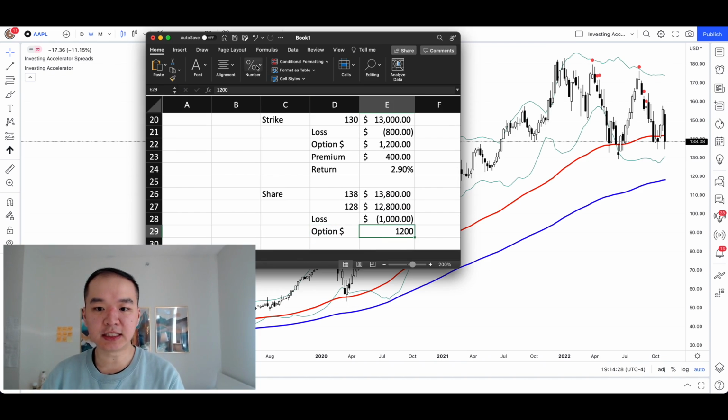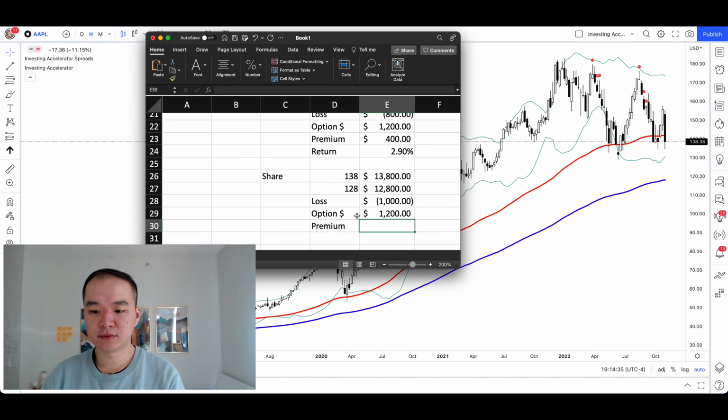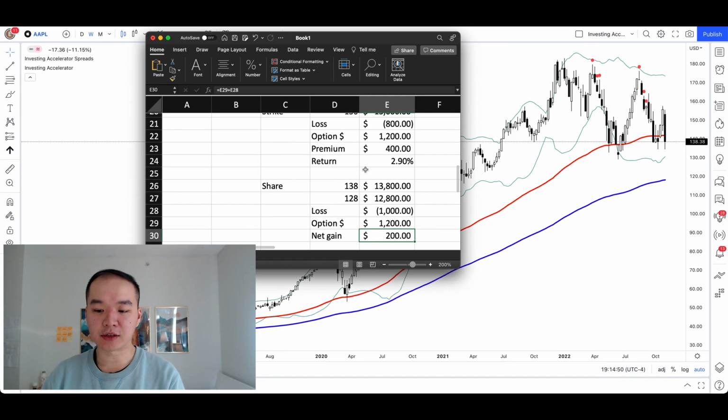So you're actually still in a net positive position. So if I go here, okay, it's still $200. So even at 128, this is actually a much safer covered call than the one previously, but it's just that the return is lower.